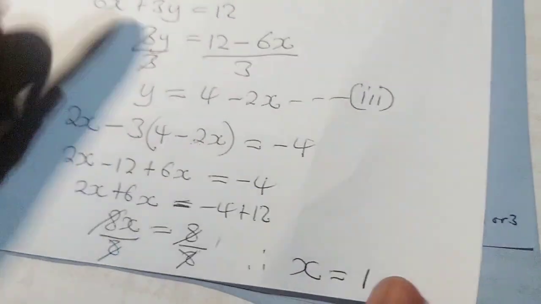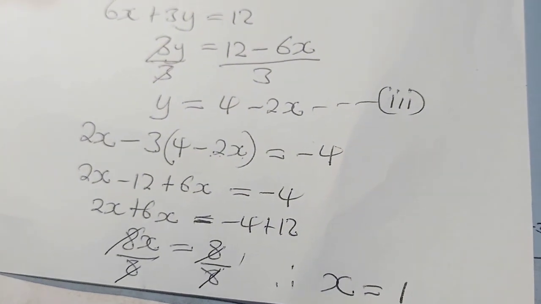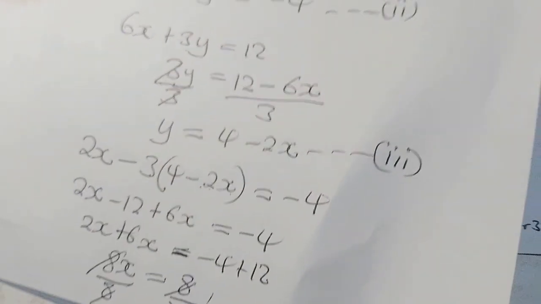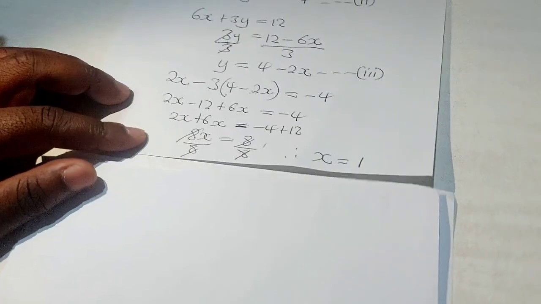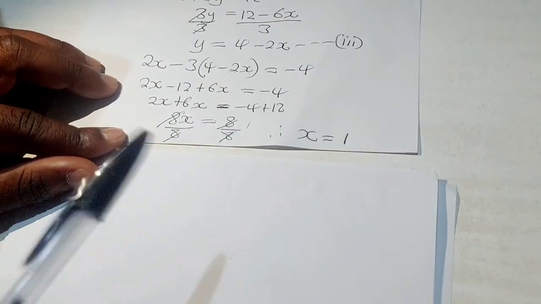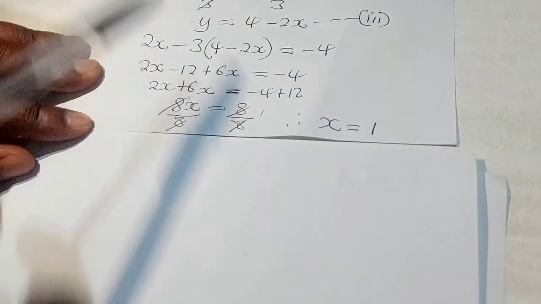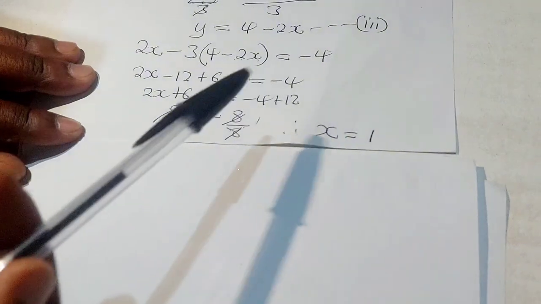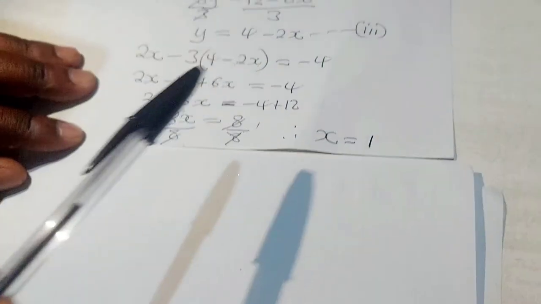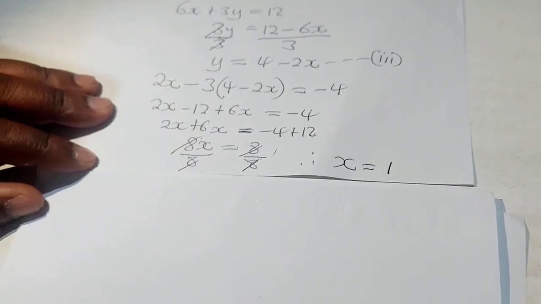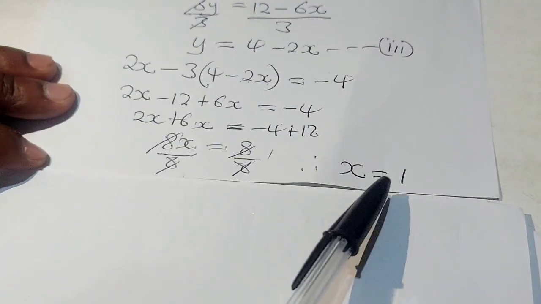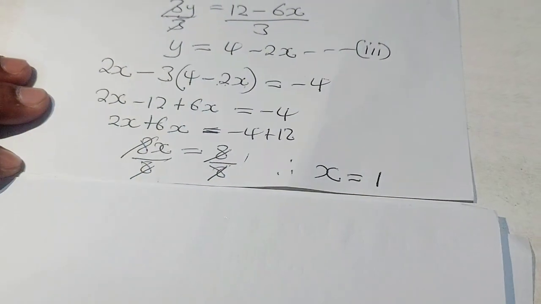Now, I'll turn over the paper so that we find the other value. We have got the value of x. What we are going to do here is just a matter of substituting in any of these equations. We can substitute in equation 1, equation 2, or equation 3. As for me, I have chosen to substitute the value of x in equation 3 here.